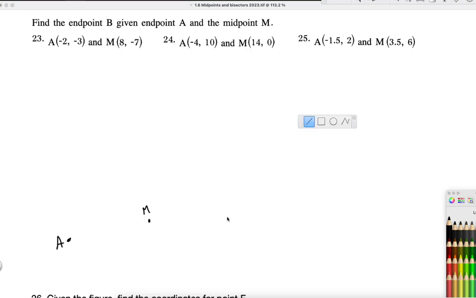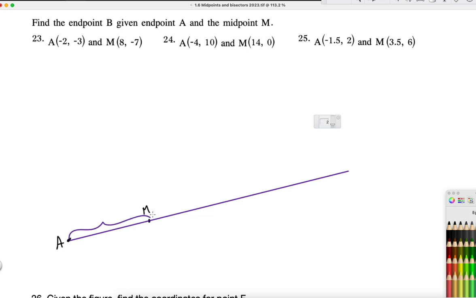Well, point B is going to be somewhere that's collinear with the other 2 points, and it's going to be the same distance away from M as A is from M. So this distance here has got to be the same distance as over here. So B has got to be over here somewhere, right?